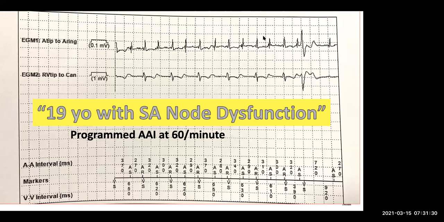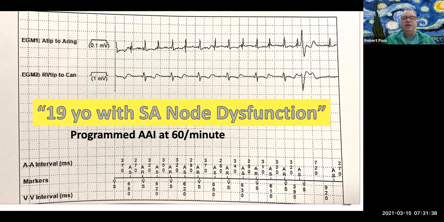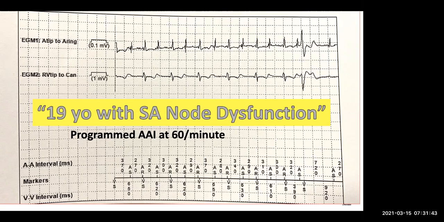And the ventricular rate, let me see how many boxes we're dealing with here. We have a rate of about 70 or so. So I'm wondering if we're having almost like a 2-to-1 block of our AAI pacing. Well, it's programmed at AAI at 60, so I suppose that we would want to inhibit.